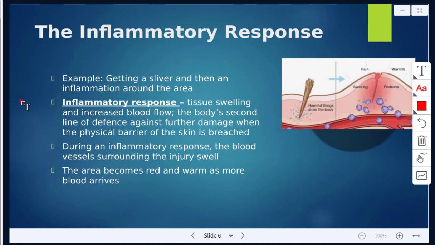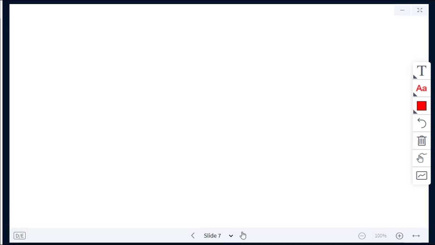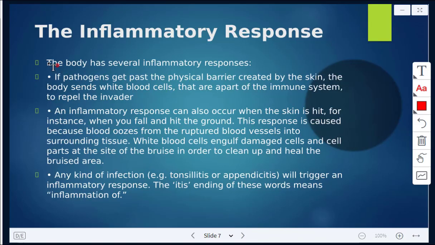And during an inflammatory response, the blood vessels surrounding the injury will swell, the area will become red and warm as more blood arrives. All right, and so basically if pathogens get past the physical barrier created by the skin, the body will send white blood cells. Those are part of the immune system, and they're going to defend against the invader.